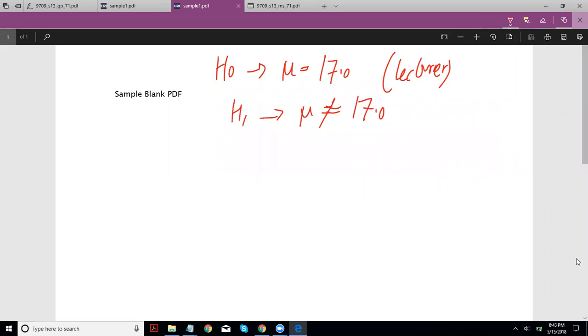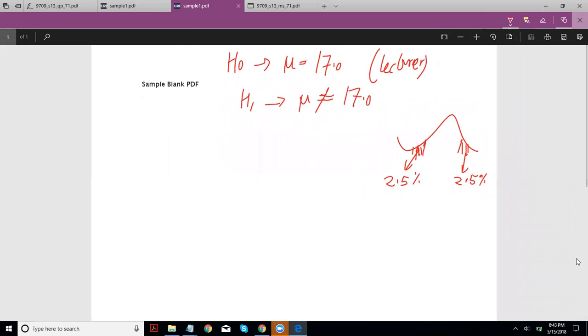Since they want you to test this at a 5% significance level, and since it's a two-tailed test, that 5% would be divided. So this would be your 2.5%, and this would be the other 2.5%.